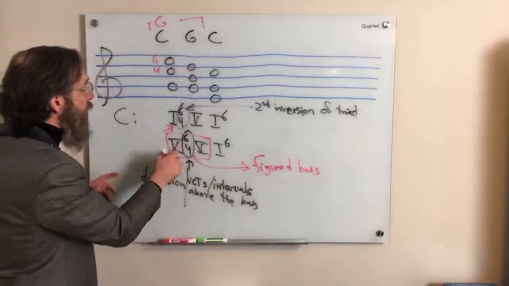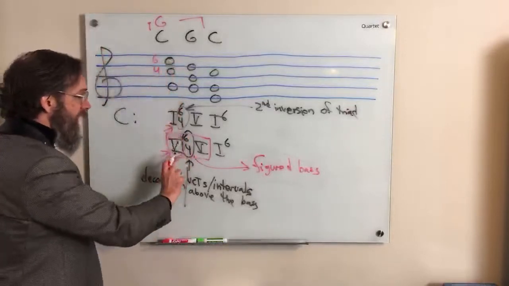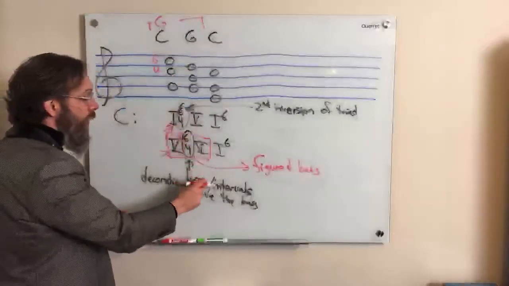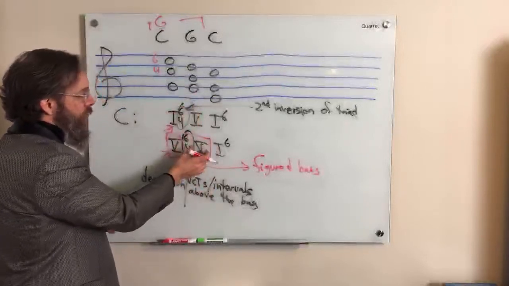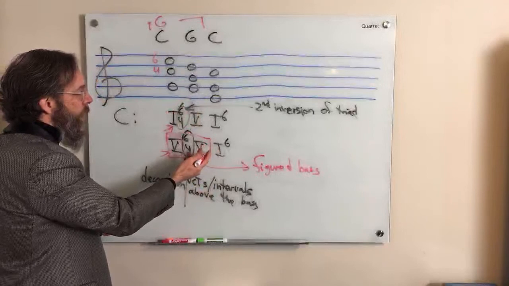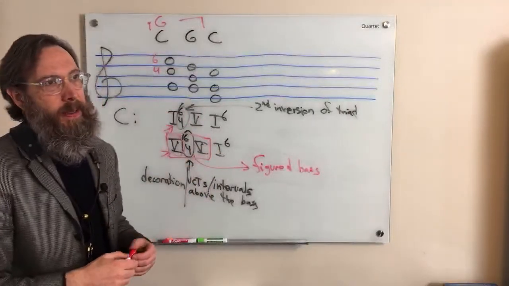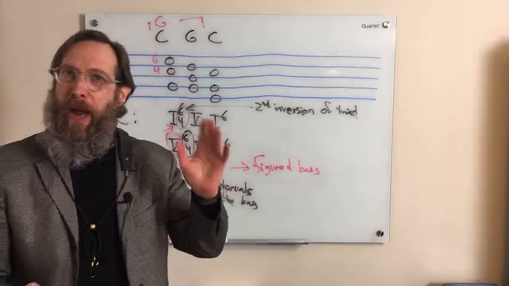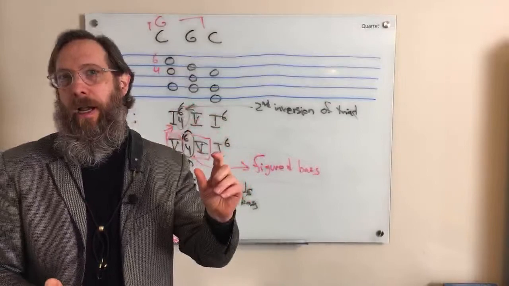It's not the function. So we're going to call it 5, and the 6-4 is the decoration, the embellishment, the non-chord tones above the bass that are eventually going to resolve and just be a regular 5 chord. So I kind of feel that my explanation is like 95% clear.